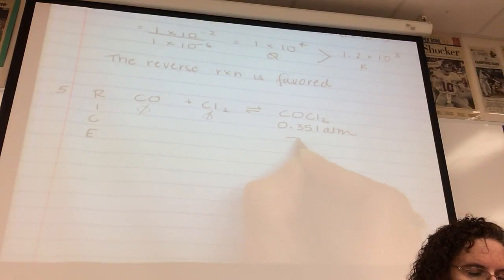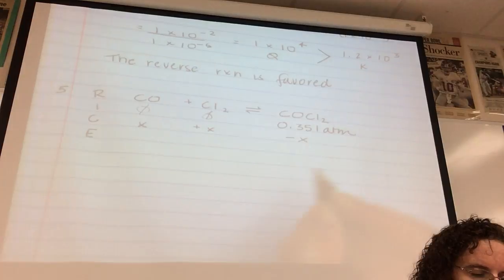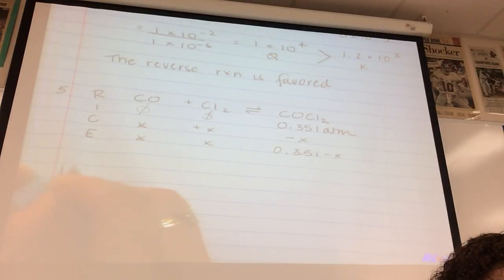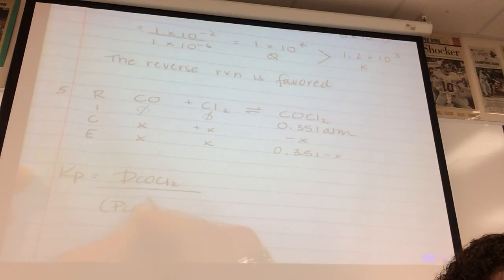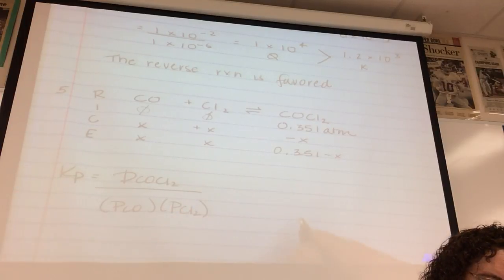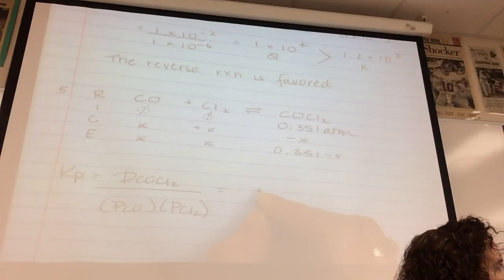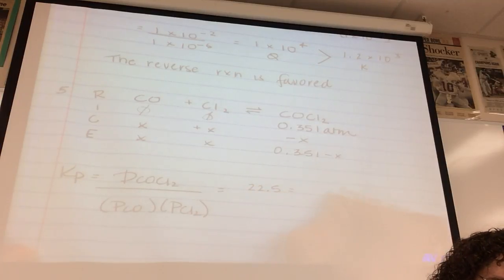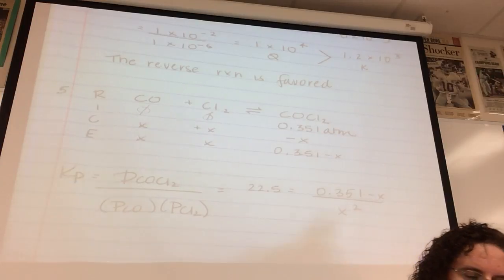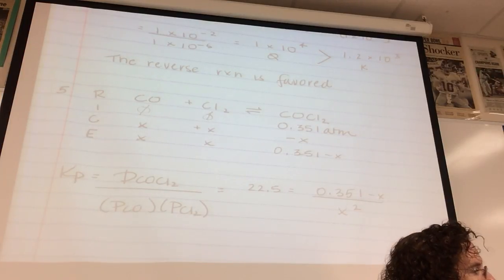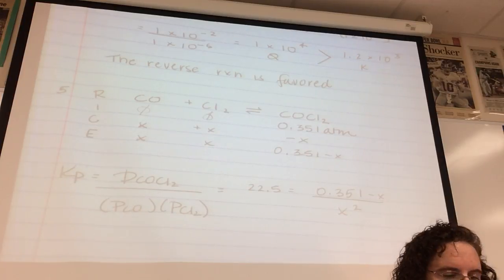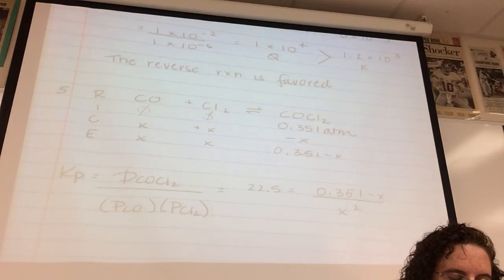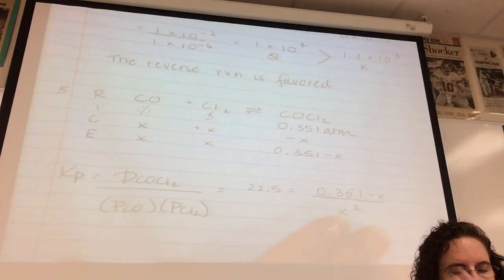So I have to take away, add, and now the Kp is going to be the partial pressure of phosgene over the partial pressures of each of these. And you would need quadratic here. You'd have to plug it in, so we'll stop there.